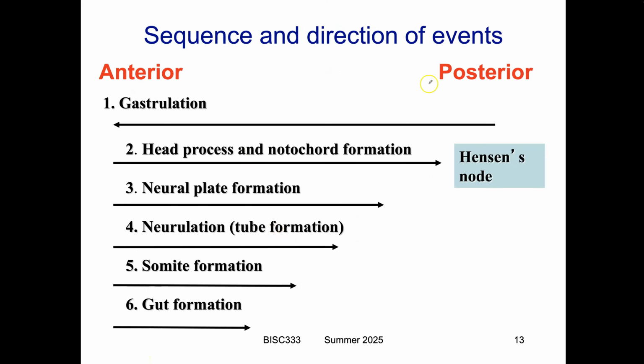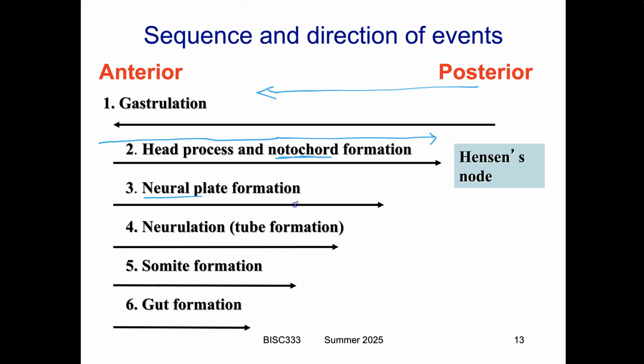And so this is just a summary. From posterior to anterior is the gastrulation process. So this is the primitive streak, and then Hensen's node forms, and it gives rise to the head process. Oh, and the notochord. Sorry, the notochord is before the other things, because of course the notochord induces the neural plate formation above it.